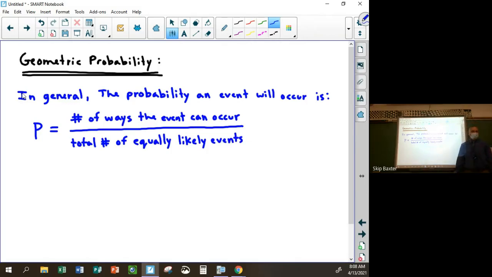Okay, that's generally the formula for probability. It's the number of ways that an event can occur divided by the total number of equally likely events.